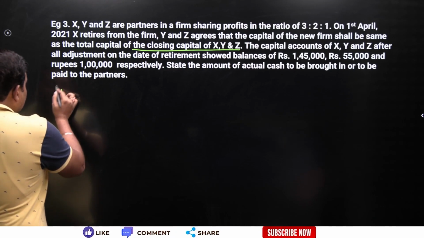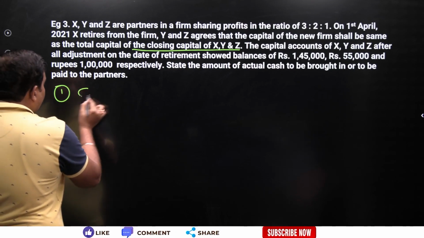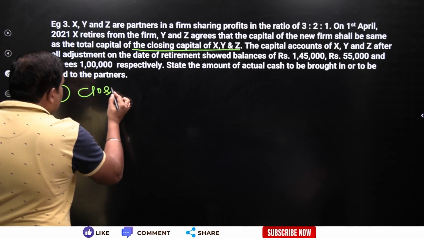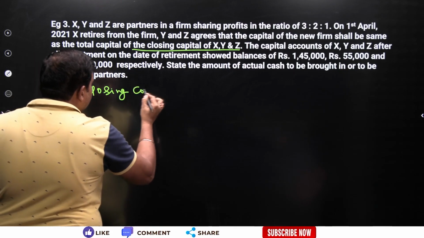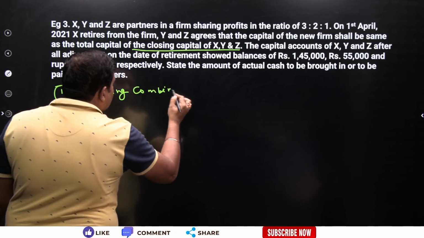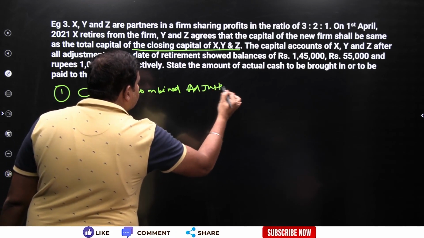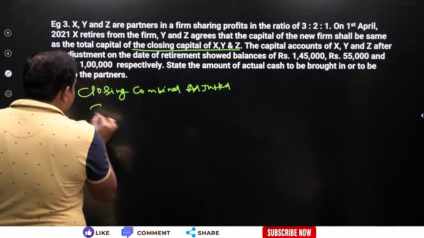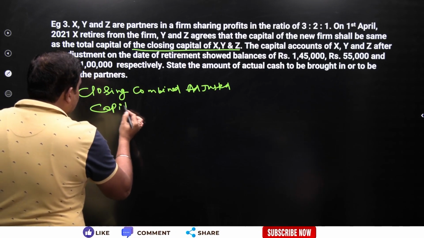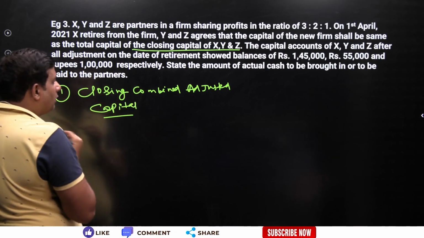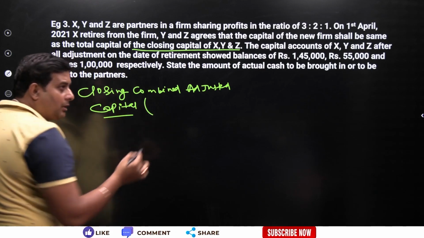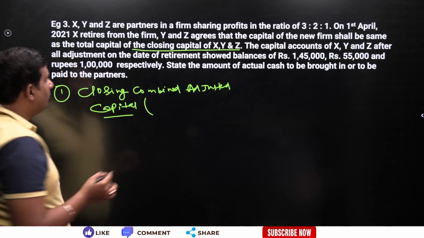So as per the steps, we have to find the closing combined adjusted capital of all the partners. When I say all the partners, it means including the retiring partner's capital.